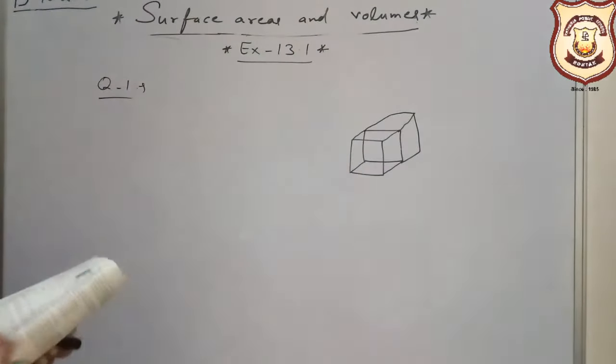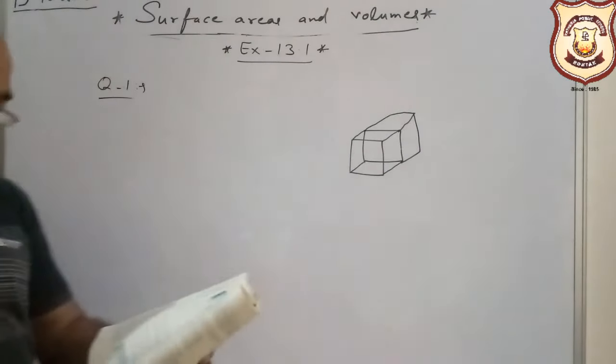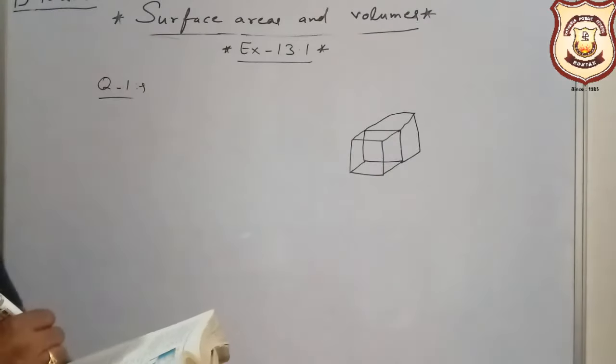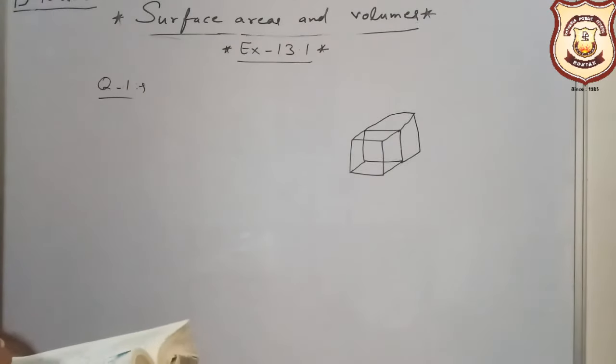The shape becomes a cuboid. Find the surface area of the resulting cuboid.